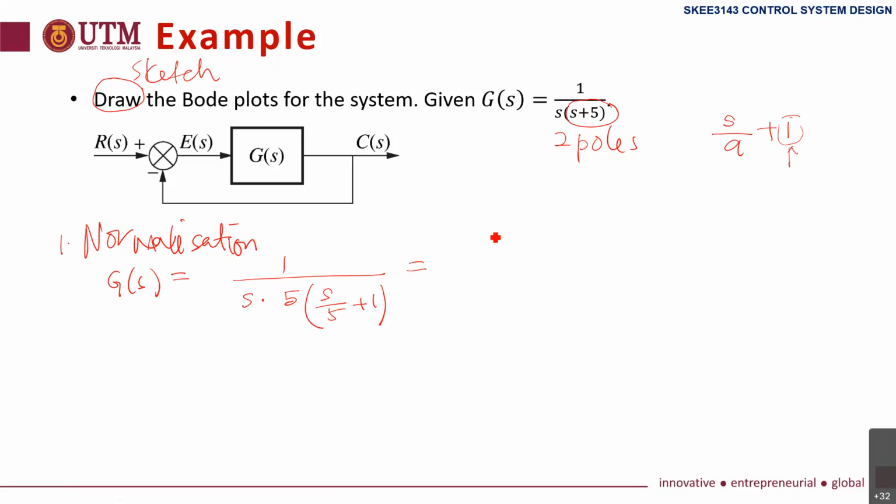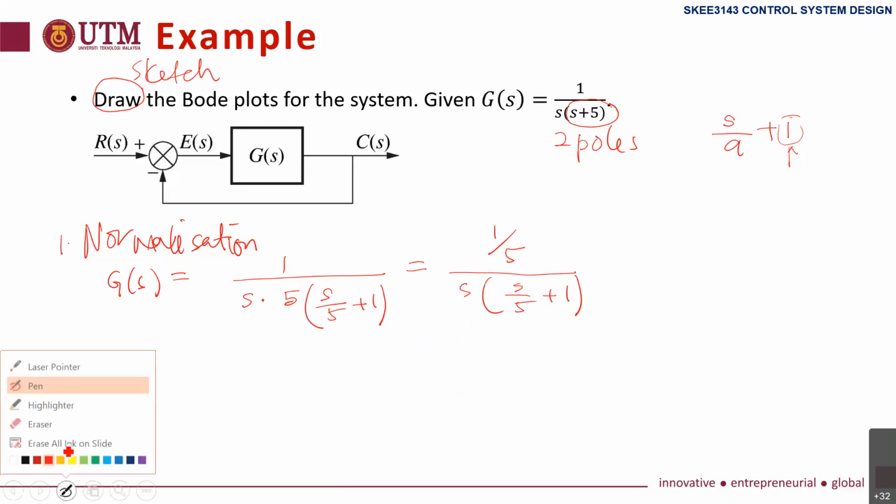This is actually equal to 1 over 5, I can bring 5 to the numerator, 1 over 5 times s over 5 plus 1. This is the first step we call normalization. If we have many poles, then all poles have to be normalized. s we maintain because we have 1 over s.